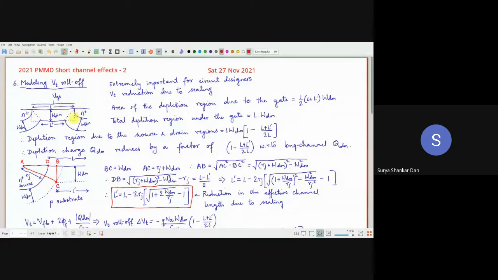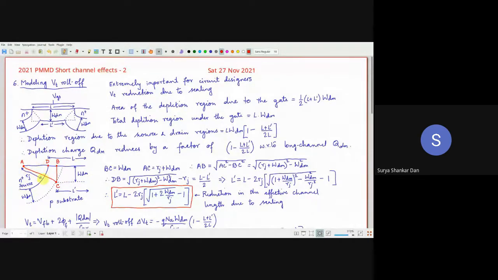You can take either the drain side or the source side. I have taken the source side. Then one very good approximation is that the N plus source usually turns out to be like a circular patch over here because of ion implantation.